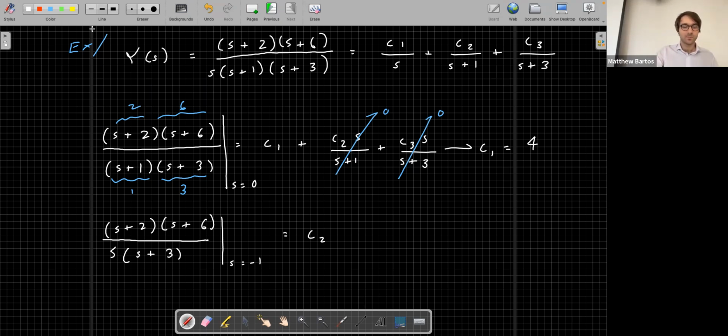And if we plug in s equal to -1, we will end up with C2 equal to -2.5. I'm not going to carry out the full arithmetic there, but you will end up with that value. I'm going to start a new page in a second, but I will give you a second to write that down.